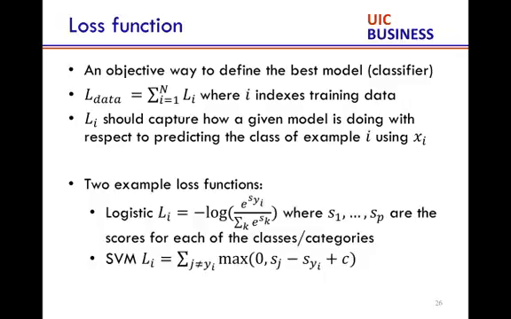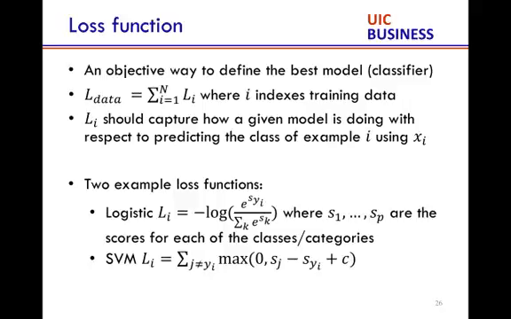So that's what I mentioned here. And in the last lecture, we saw two examples. One is the logistic loss, Li. As I said, this is just a sum of terms which are dependent on each example, and the term for example i for logistic is going to look like this, where S1 to SP are the scores. For P, let's pick 10. There are 10 classes: dog, cat, house, table, and so on.